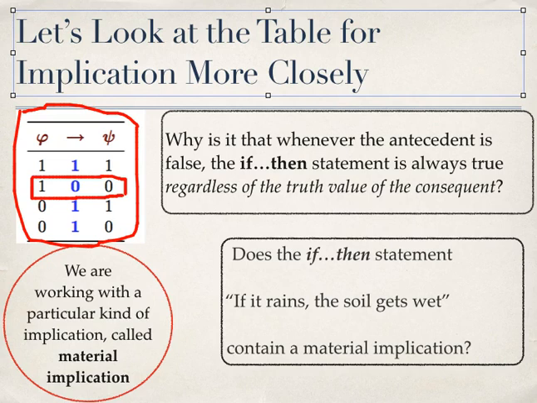And just as a matter of terminology, it's important to say that we call phi the antecedent of the implication, whereas psi here is the consequent. So what comes before is the antecedent, and what comes after is the consequent.